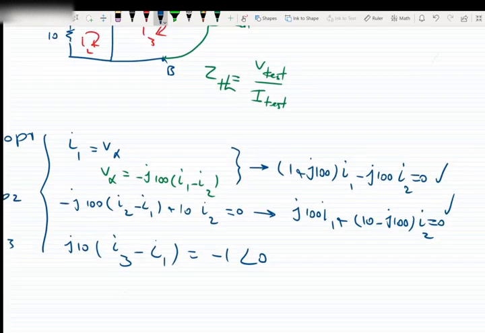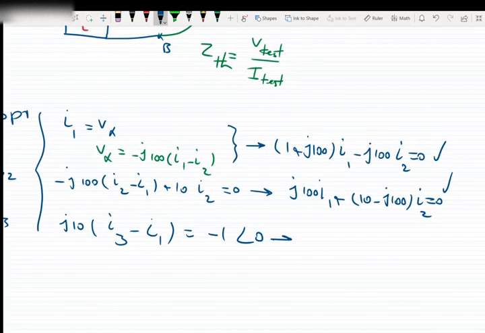That's it. So let's just put them in order: negative J10 I1 plus J10 I3 is equal to negative 1 with the angle of 0. Okay.